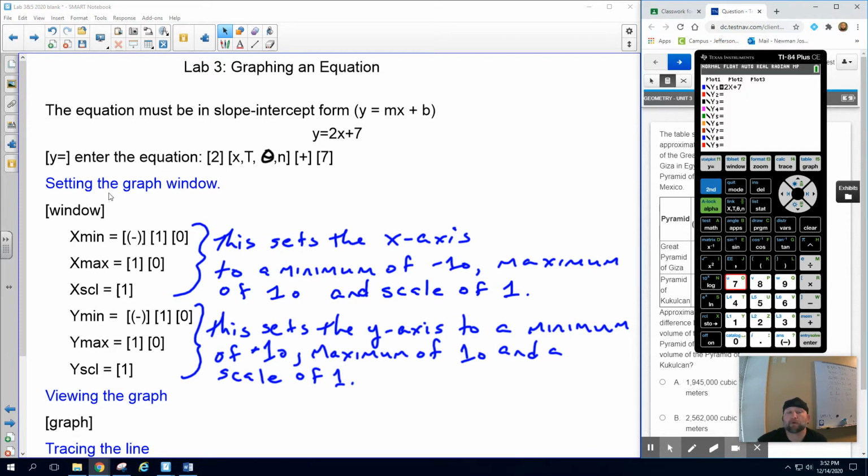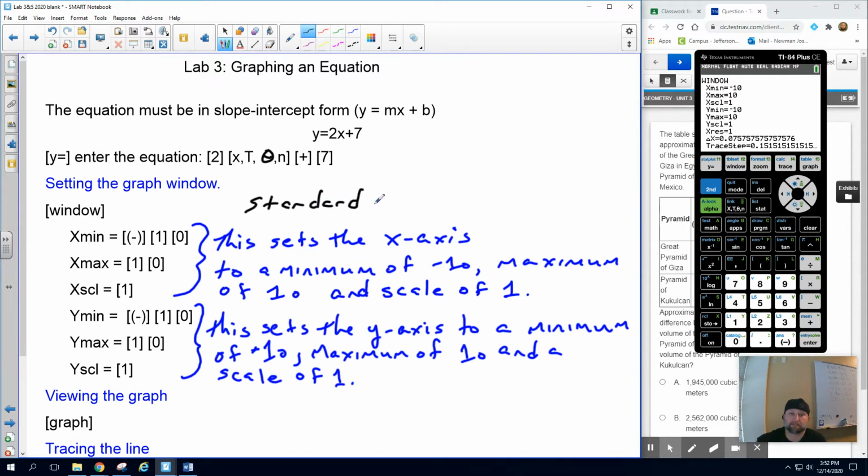We want to make sure that the window is set properly. So then you hit the window button. When you go into the window button on the app here, automatically it's set to -10, 10, and 1. This is really called standard, because it's just the normal setting that you'd use.